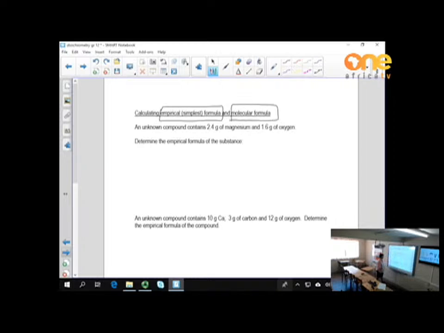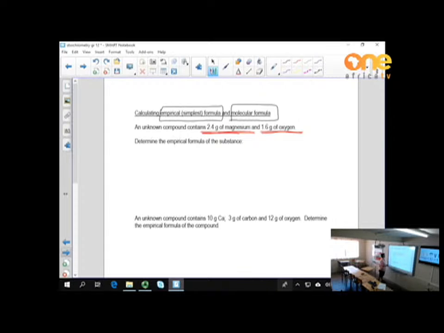They say an unknown compound contains 2.4 grams of magnesium and 1.6 grams of oxygen. So we must figure out the formula of this compound from what they've given us.